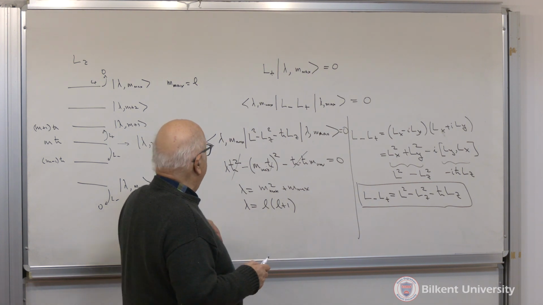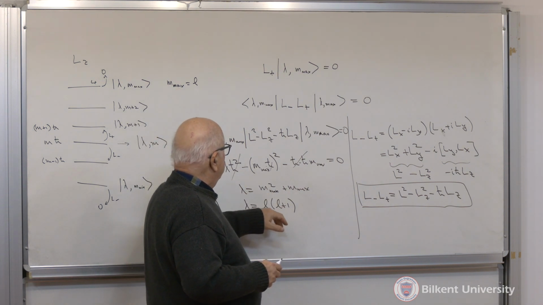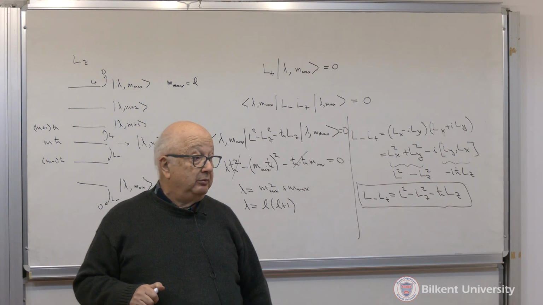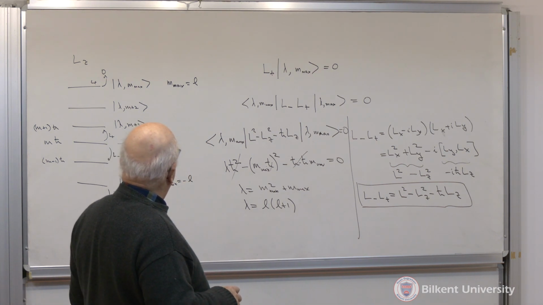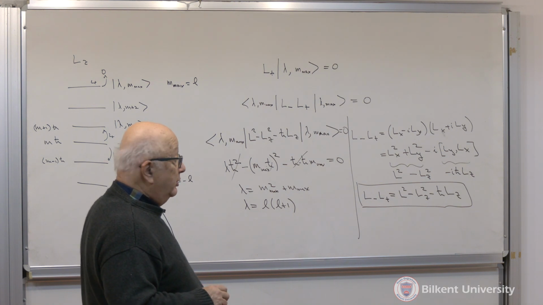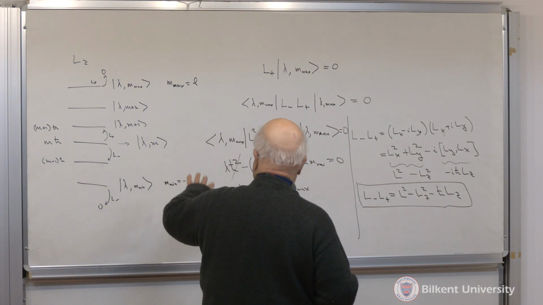So the maximum value of m cannot be greater than the total value of the angular momentum. It has to be less than that, right? Okay, so that's one result.